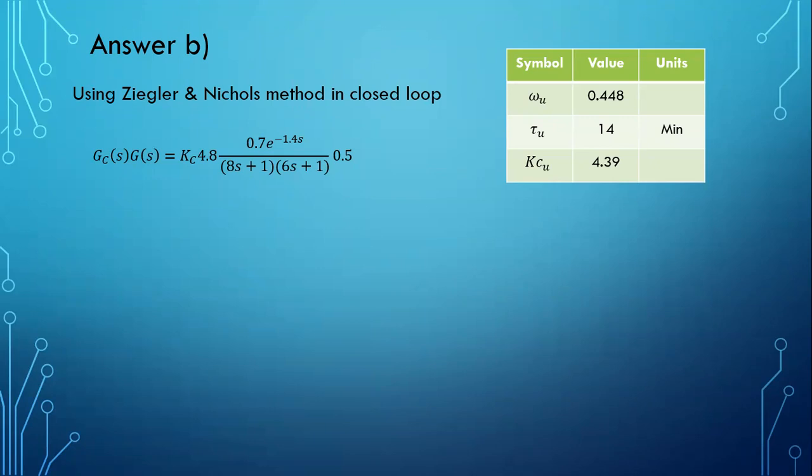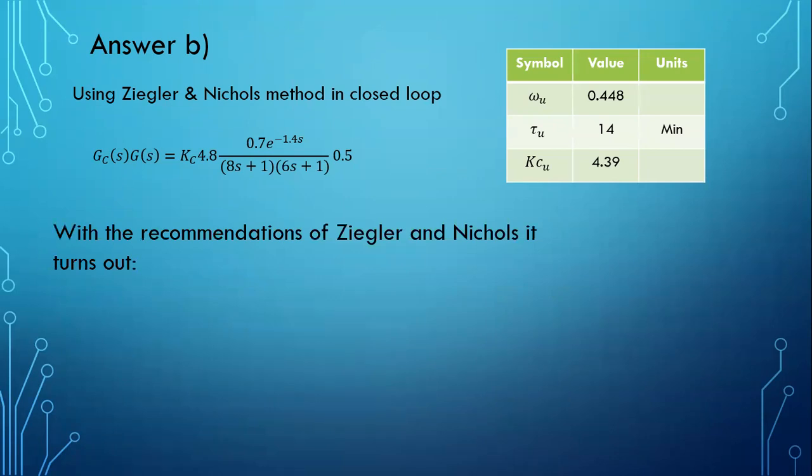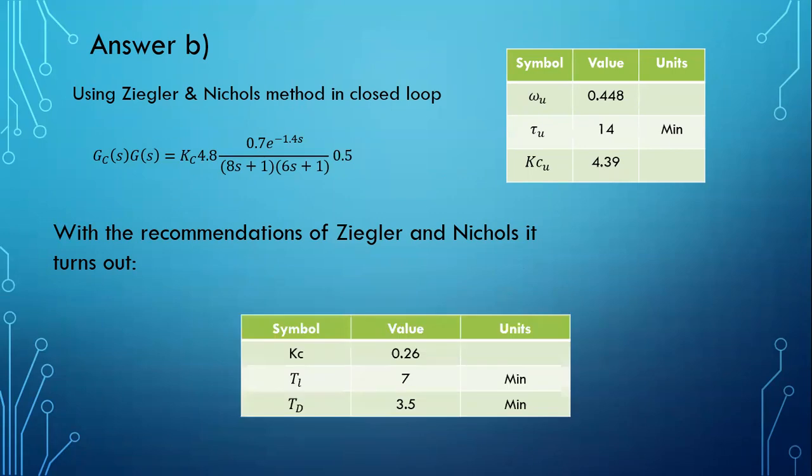We have omega u equal to 0.448, Tu equal to 14, and Kcu equal to 4.39. With the recommendations of Ziegler-Nichols, it turns out that we get KC 0.26, TI 7, and TD 3.5.